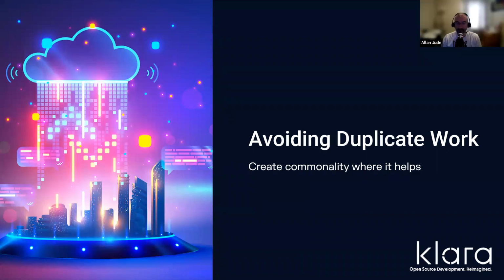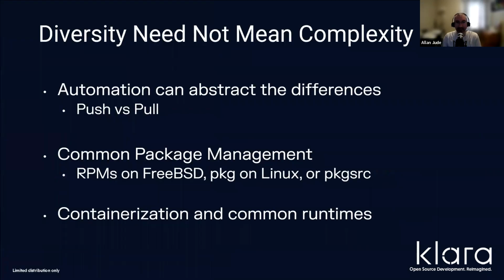So another core thing to doing this is avoiding duplicate work, right? If we have two of everything, we don't want to have to do every task twice, because it will just double the amount of admin work that we have. And that's where we can look at ways to make things not have to be as disparate. One of those is that automation can make a big difference, right?